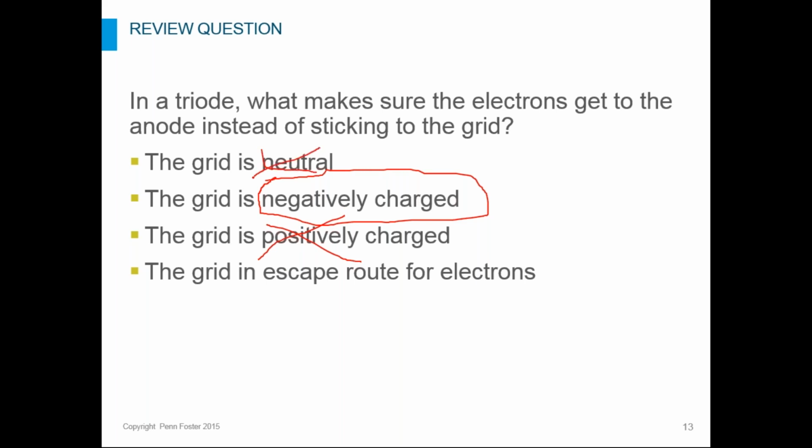That wouldn't do much of anything, but because it's negatively charged, it pushes the electrons away from it and they continue on their way toward the anode. And this option was just an extra one that doesn't really make much sense. So the grid is negatively charged, and that helps the electrons get past the grid and get to the anode.